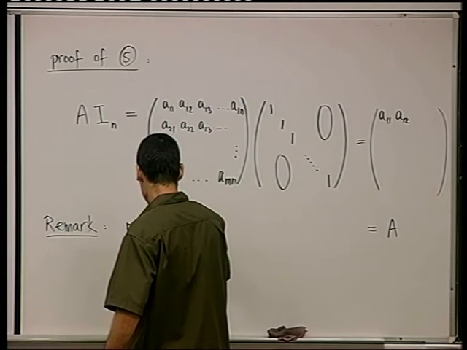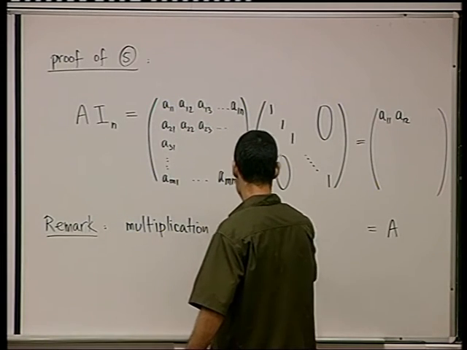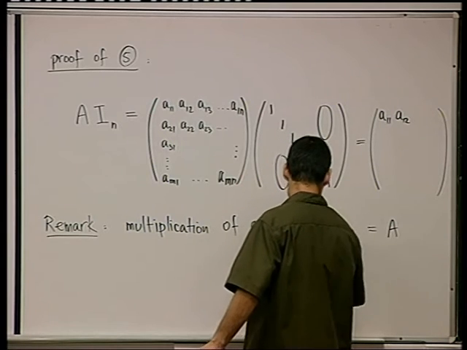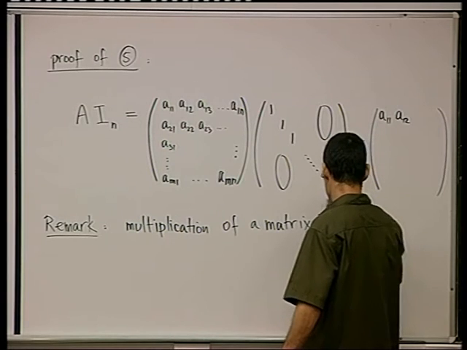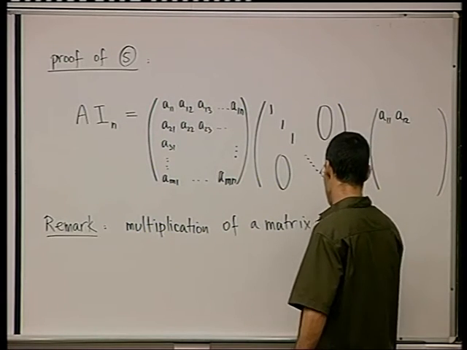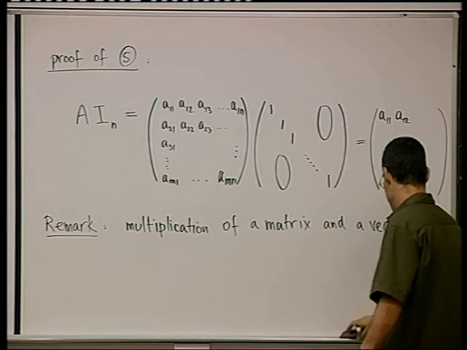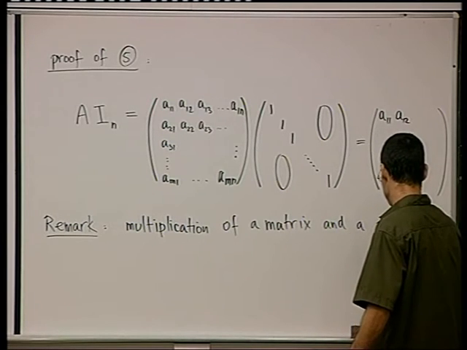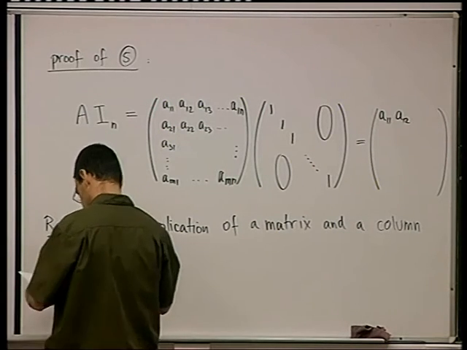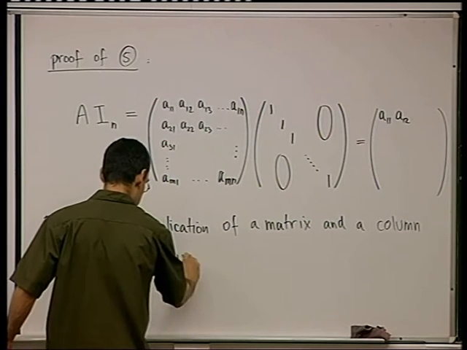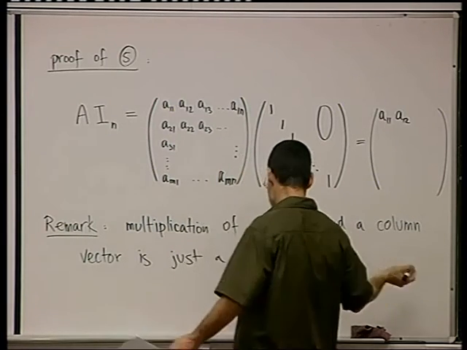multiplication of a matrix and a vector, or let's emphasize a column vector, is just a special case of matrix multiplication.